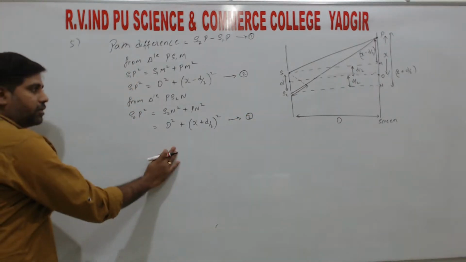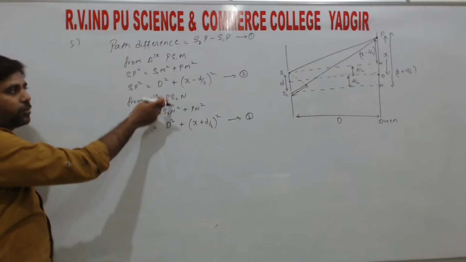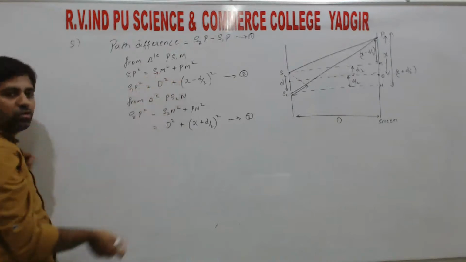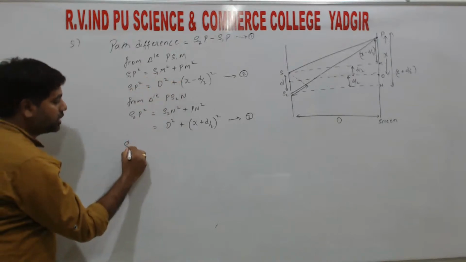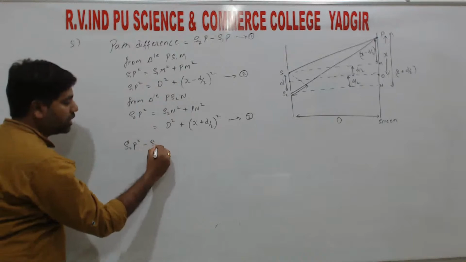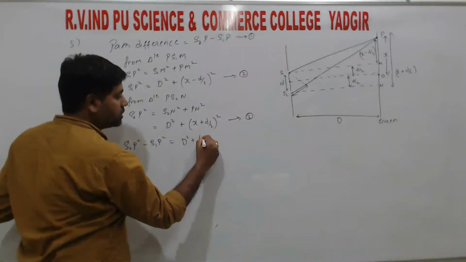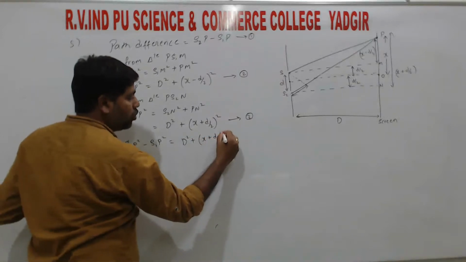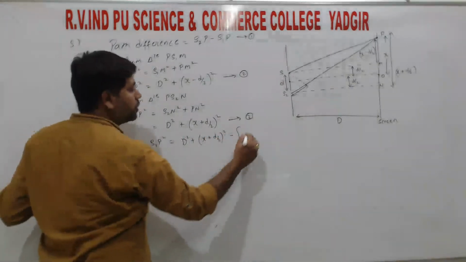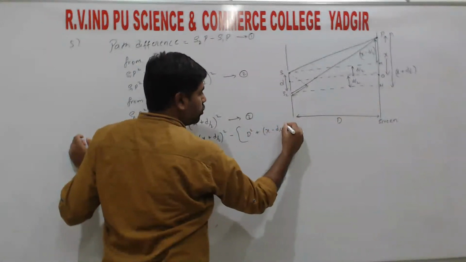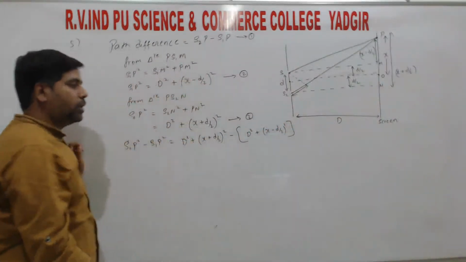Now taking the difference between equation 3 and equation 2, we can write S2P square minus S1P square is equal to d square plus x plus d by 2 whole square minus of d square plus x minus d by 2 whole square, right?